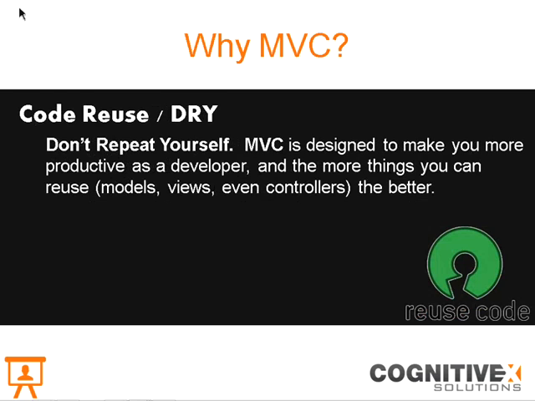The next reason why is what's called code reuse, or do not repeat yourself. MVC was designed to make you more productive as a developer. And the more things you can reuse, like models, views, and even controllers, the better. Even within a single website, you create a single model to represent a unit of data. We're going to, in a few minutes, take a look at a to-do list application.